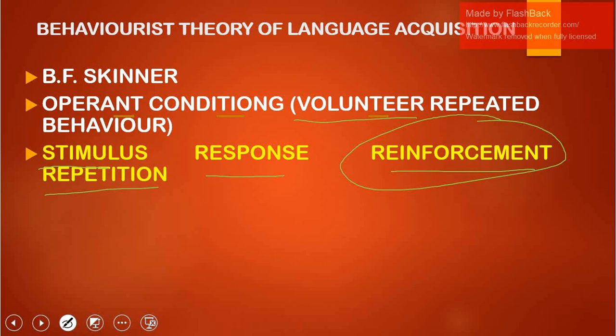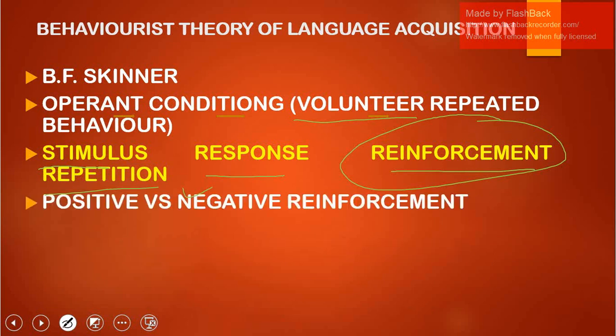And reinforcement would be negative or positive, that mother will say, baby, it's raining, you can call it raining, and the baby will repeat further, depending on the reinforcement. This is how this whole model works: positive versus negative reinforcement.